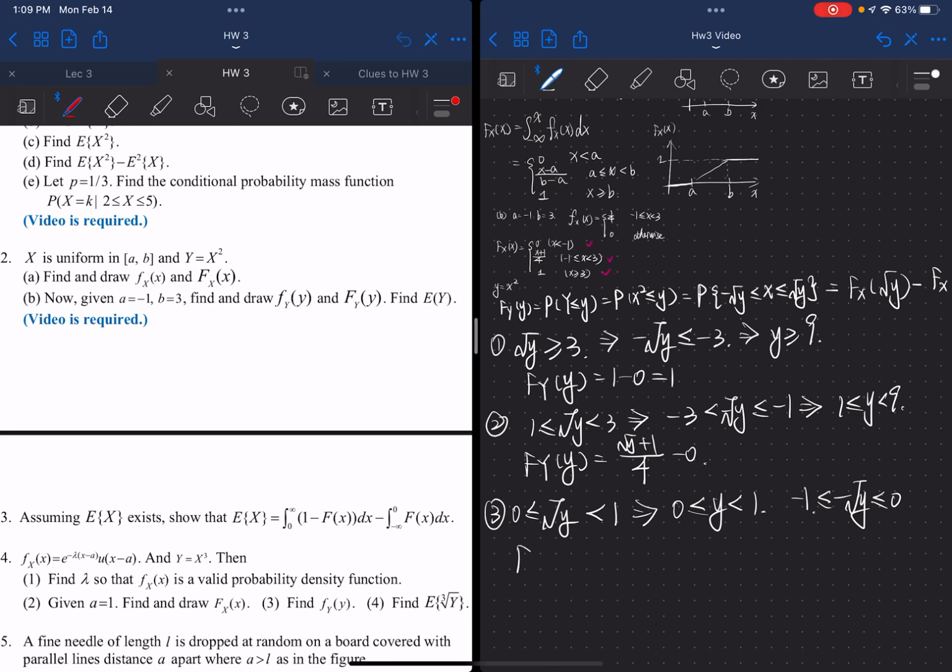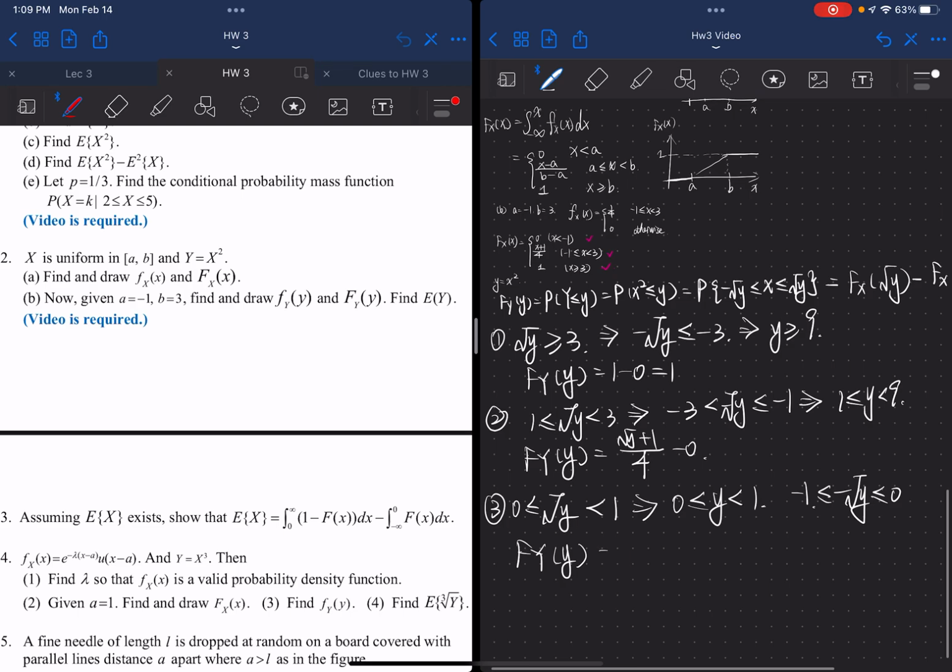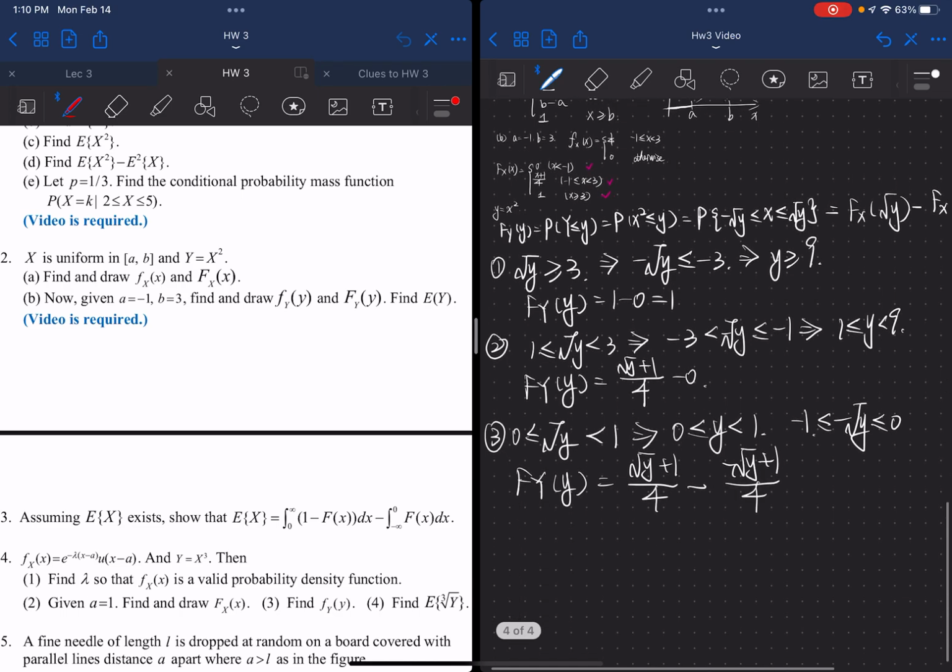Here the distribution function of Y equals (square root of y plus 1) divided by 4 minus (minus square root of y plus 1) divided by 4. This is the subtraction of these two functions, and we get the square root of y divided by 2.